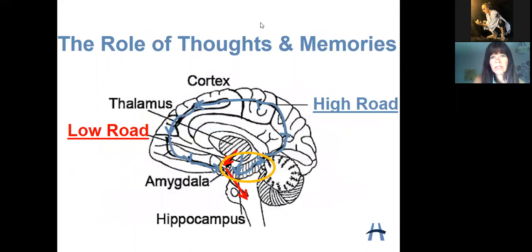And so what I want to say here is we also know that there are two pathways in this brain. The amygdala works really, very fast, and sends a signal to the body to fill with adrenaline and cortisol and react before we even know what the danger is. The high road takes longer, and it goes to the prefrontal cortex for analysis.